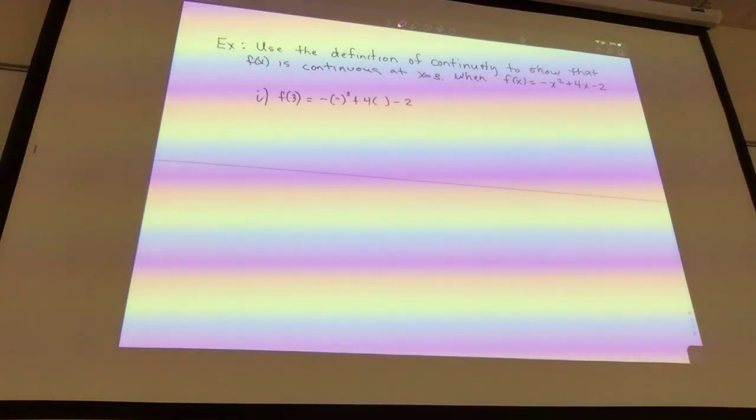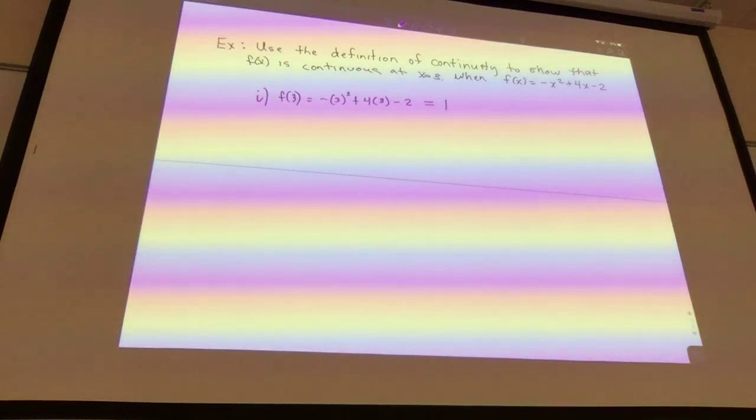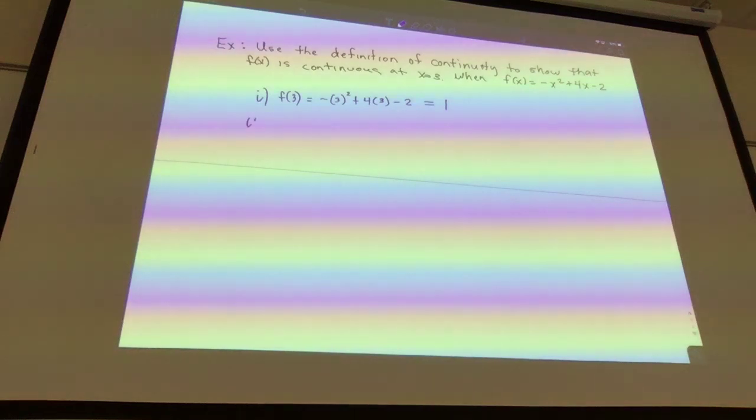Everywhere that there's an x, plug in 3. I evaluate that and I get 1. So f of c is defined, it exists, got an answer, good.